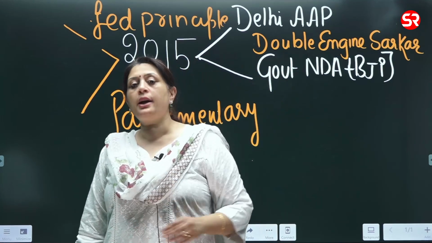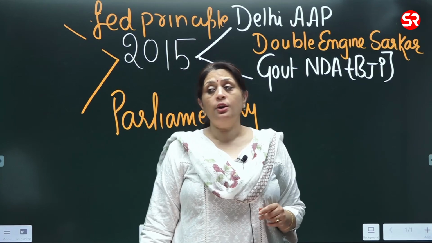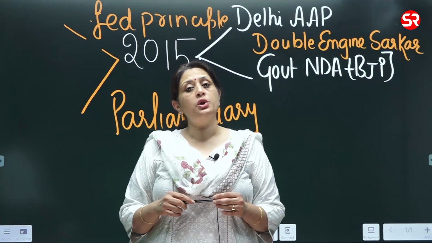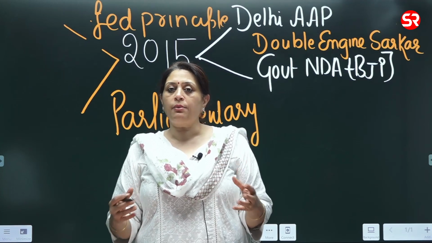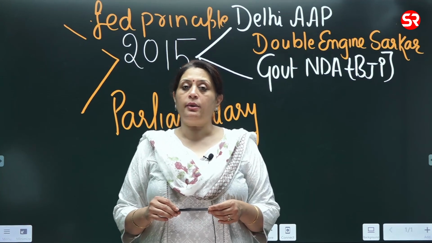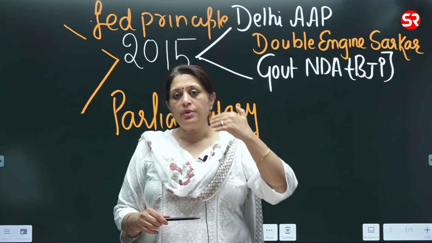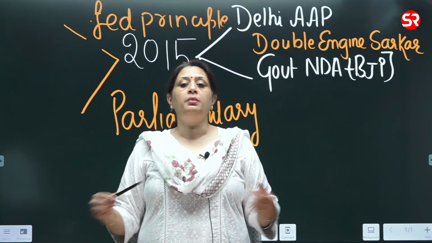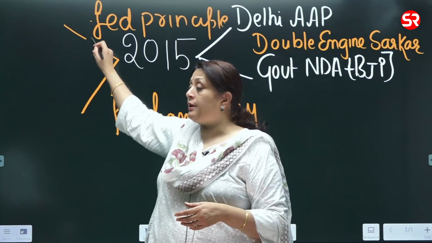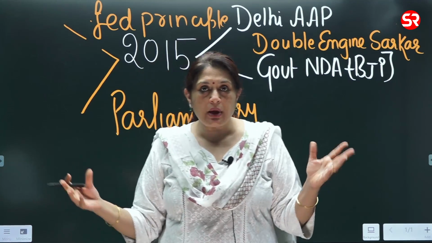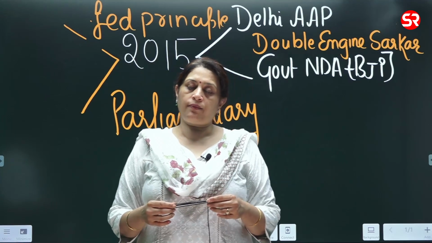Now, why have I chosen to first talk about federalism and also the parliamentary system? Because our administrative system is based on the federal system. Now, what is a federal system and why a federal system?